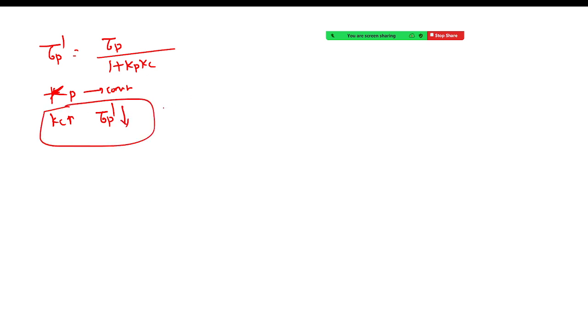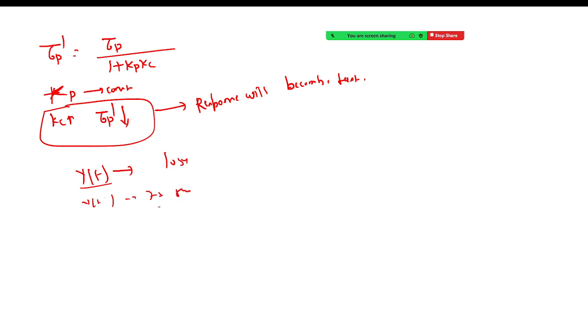If tau p dash is decreasing, what is happening? The response will become fast. So let's say if our response yt was giving in 10 seconds, now it will give in only 7 seconds, 8 seconds like that. So our response is getting faster, right?